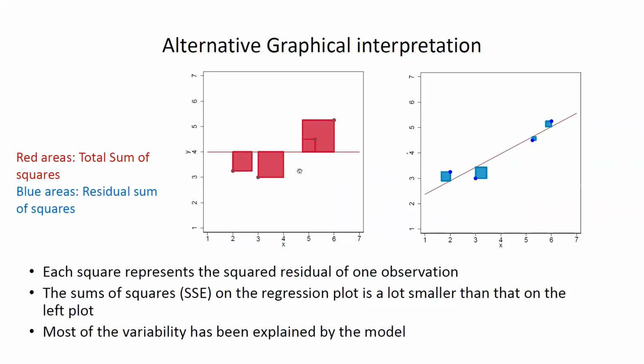Now, the point here is that the sums of squares is the sum of these 4 red squares. That's the total sums of squares. And the sums of squares error is the total of these 4 smaller squares. So what the model has done is reduce the variation from something quite large to something very small.